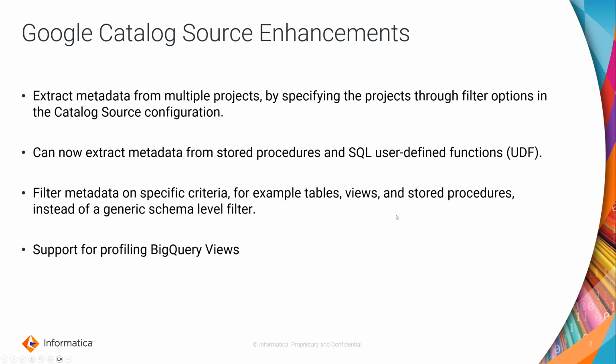You can now filter metadata on specific criteria such as tables, views, and stored procedures instead of a generic schema level filter. Prior to the November release, the filter options for Google BigQuery Catalog Source were only of the type schema.